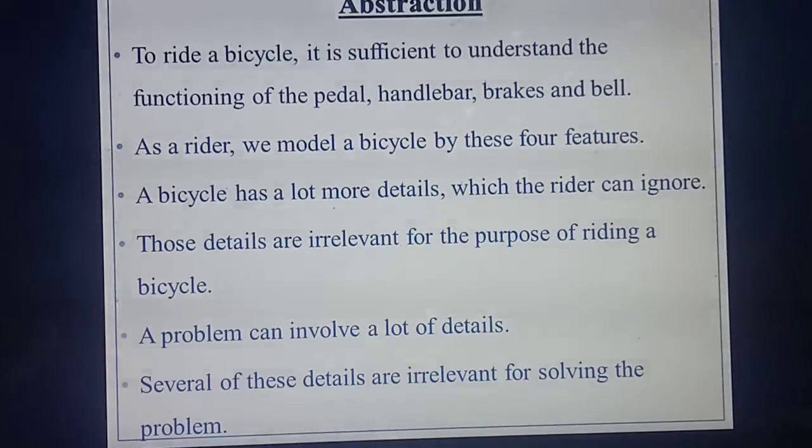There are a lot of things inside a bicycle, tires, the dynamo, but while learning to ride, you take care only of these 4 important things. You will not bother about the internal working of the cycle. Likewise, abstraction means you always provide the essential or important things and hide the irrelevant detail. That is called abstraction.